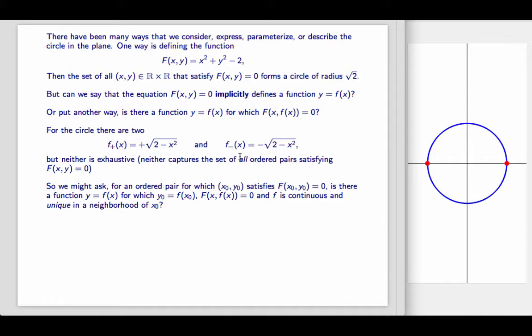In other words, y naught equals f of x naught, and f of x, f of x equals 0, for which the function little f is continuous and unique in a neighborhood of x naught. Well, for the circle, we can do that unless x naught is at plus or minus the square root of 2. In other words, those left and rightmost points on the circle marked in red to your right.